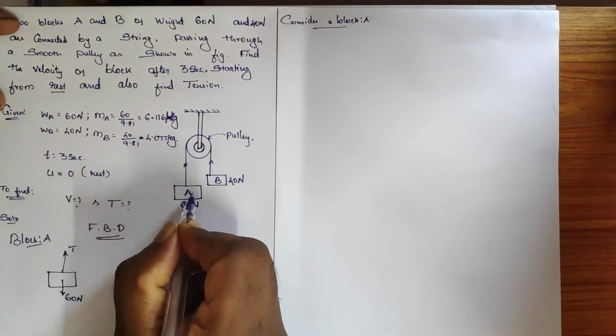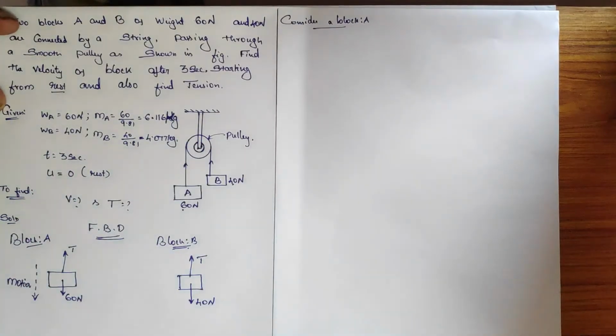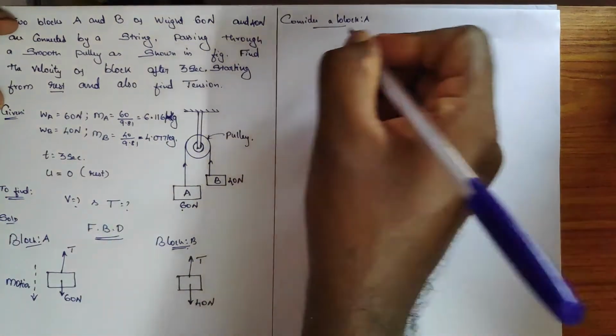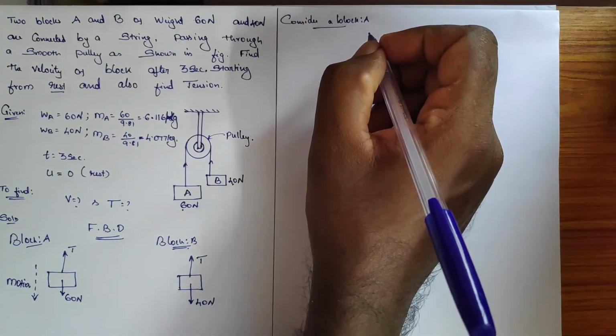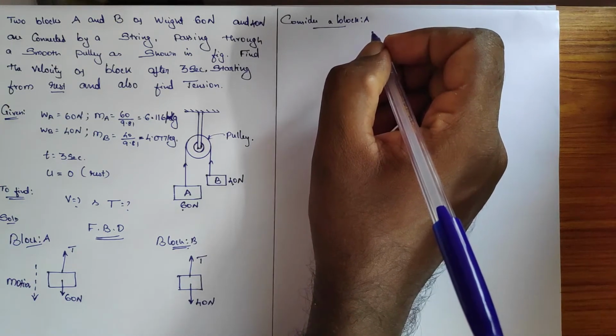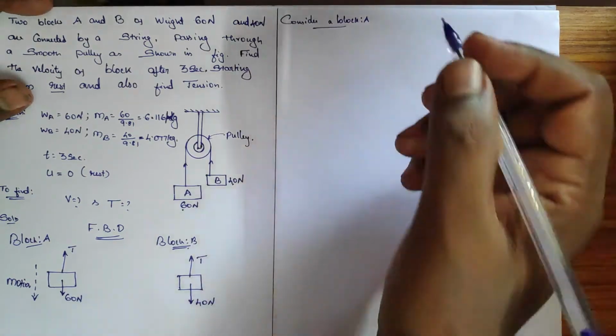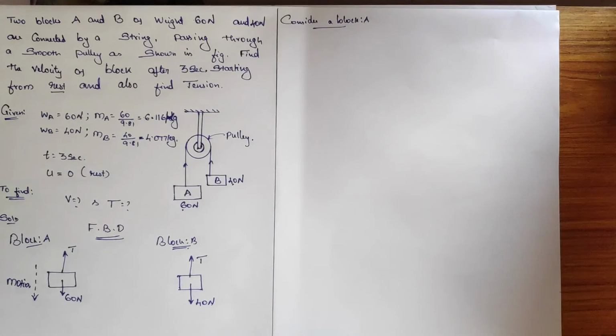Since the weight is heavier on block A, the motion will be downwards. There is no doubt at all. So if it moves downwards, just like the previous one, that is the energy equation, we need to take summation of V and summation of H based upon the motion.